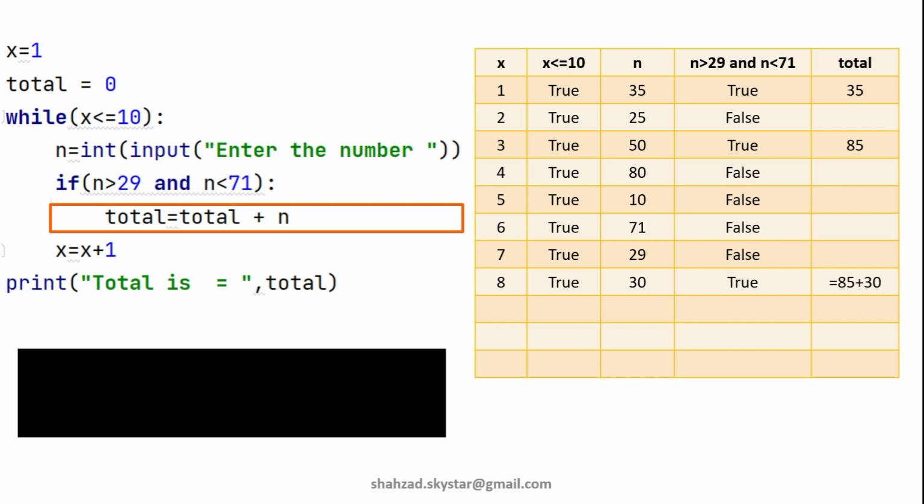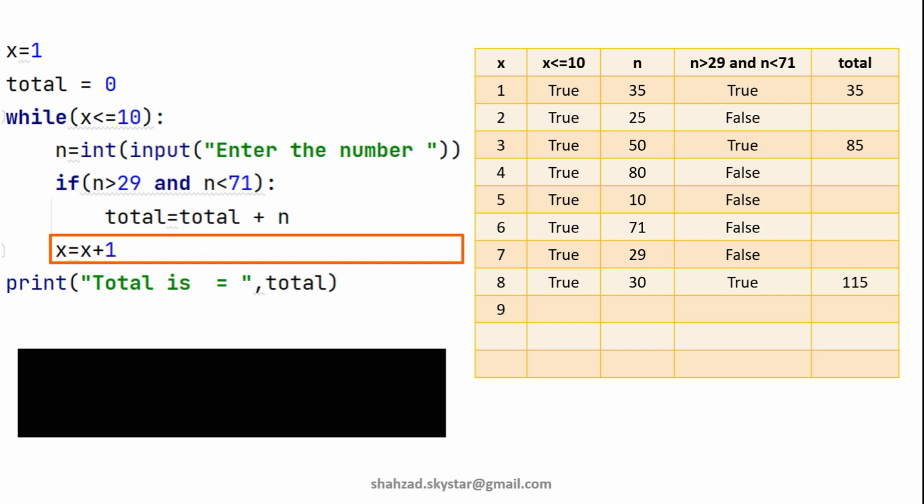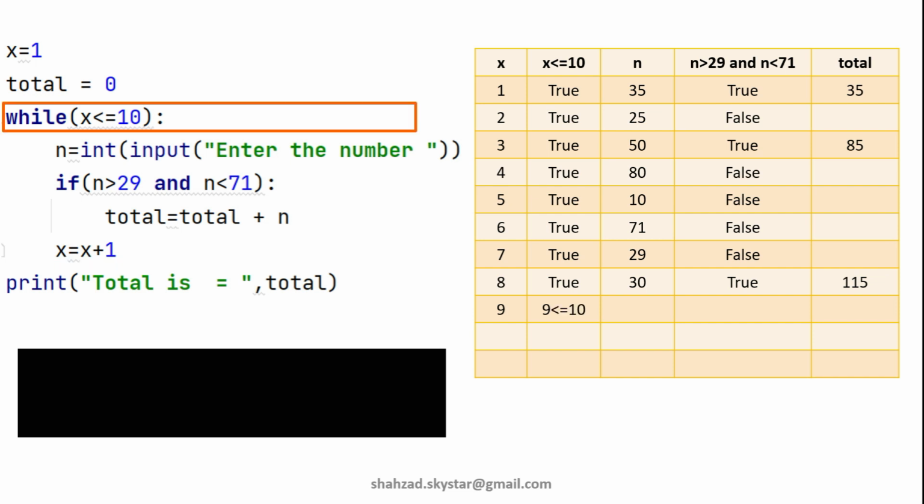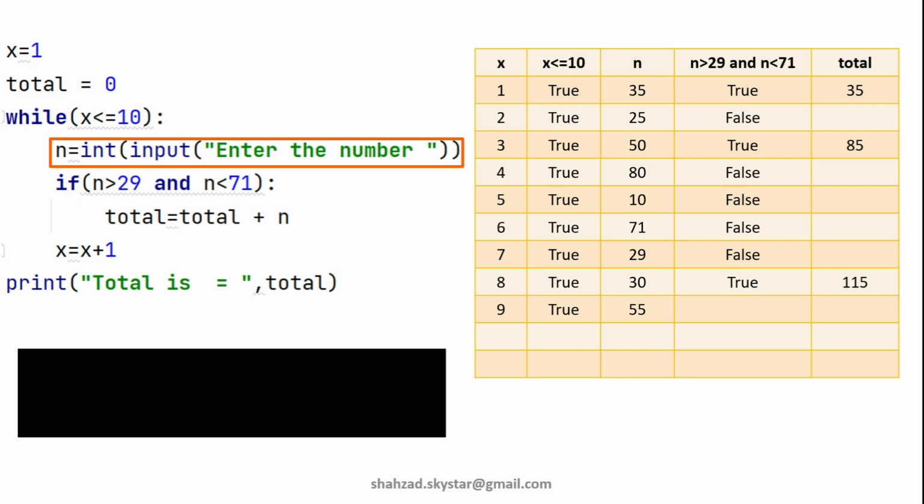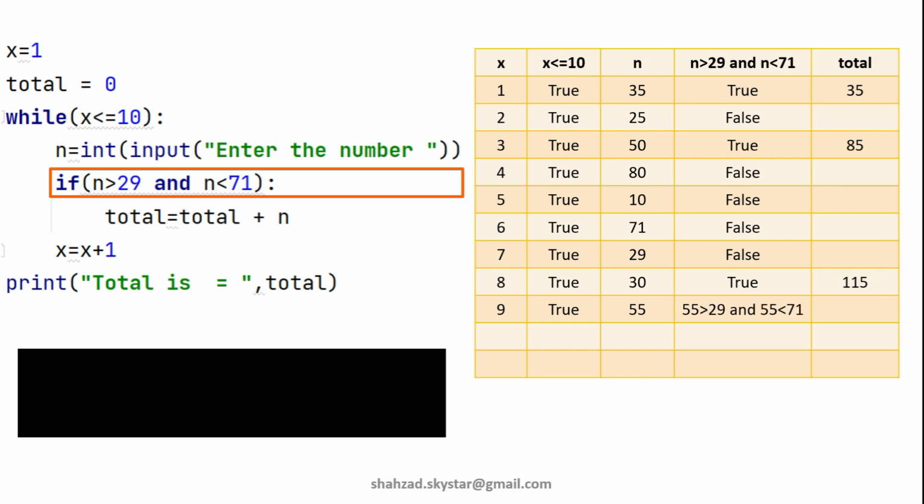That will be true, and in case of true, it will be added into variable total. The previous value in total is 85. Now current value is 30. 85 plus 30, it will give you 115. Then it will move to the incremented value, that will become 9, and 9 is less than or equal to 10. Yes, it will be true. Next input value is 55, and this 55 is true.